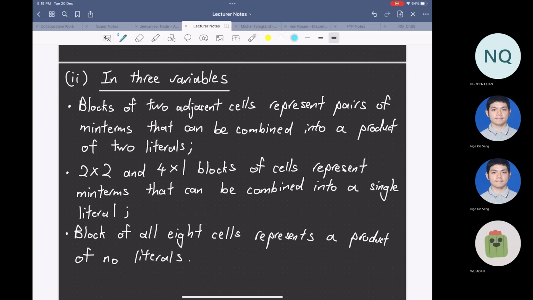So 8 cells, you can imagine you can draw it like this. You can do a block of 4 like this. You can also do a block of 4 like this, right? Or something like that. So they correspond to different min terms.